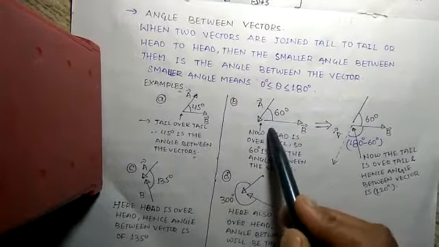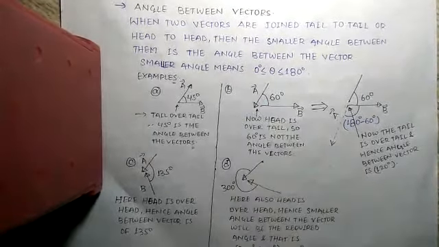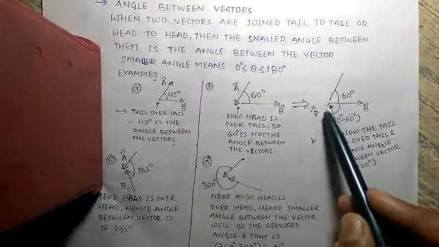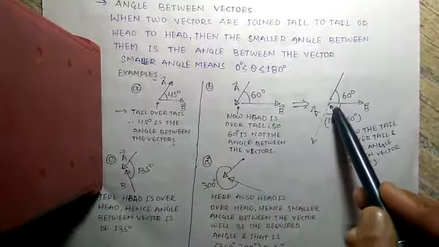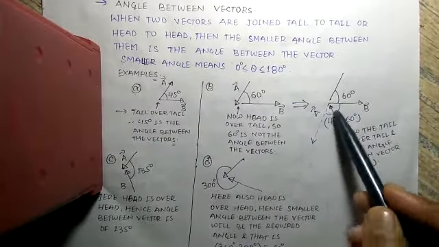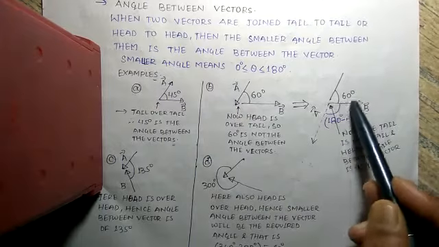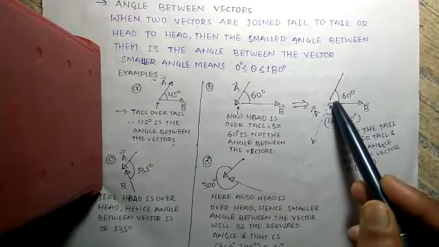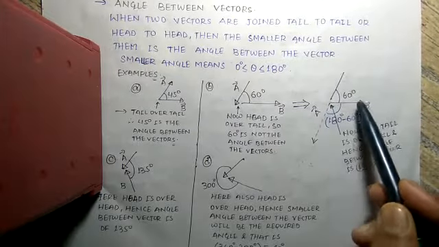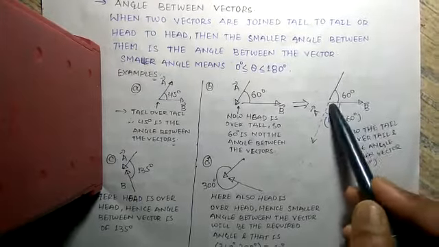Hence to meet the criteria of angle between the vectors, we will produce a vector further, and we'll orient a vector and b vector like this, in such a way that the tail of a vector again combines with the tail of b vector.